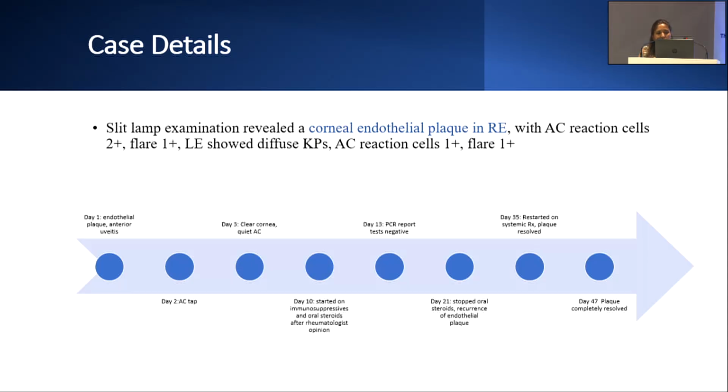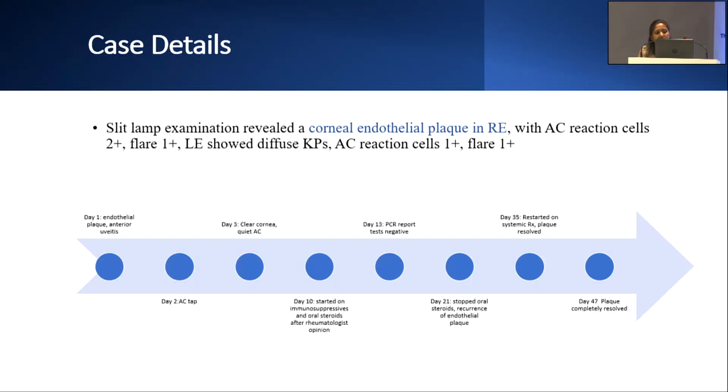This is the clinical timeline of how she presented to us. On day 2 we performed a diagnostic anterior chamber tap, and on day 3 her cornea was clear because the plaque was removed, and the AC was also quiet. She was on empirical treatment with topical steroids and antibiotic cover.